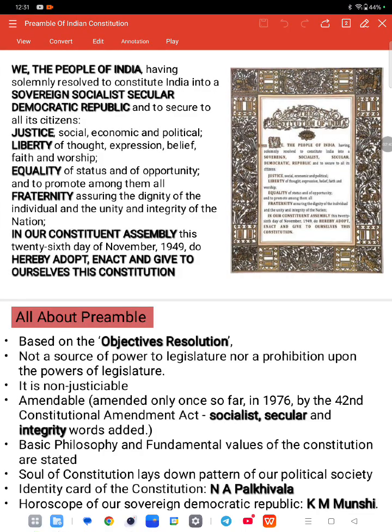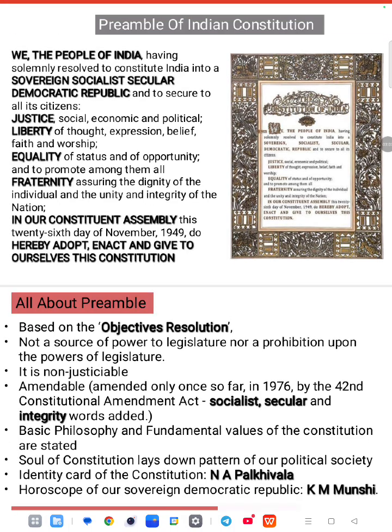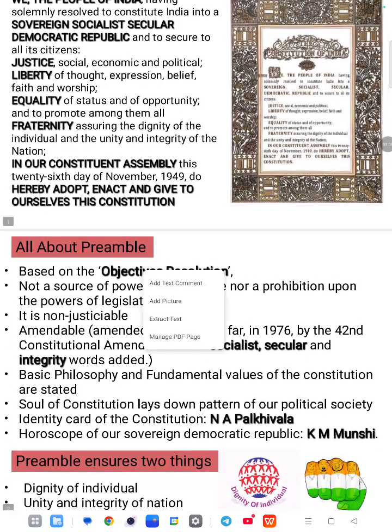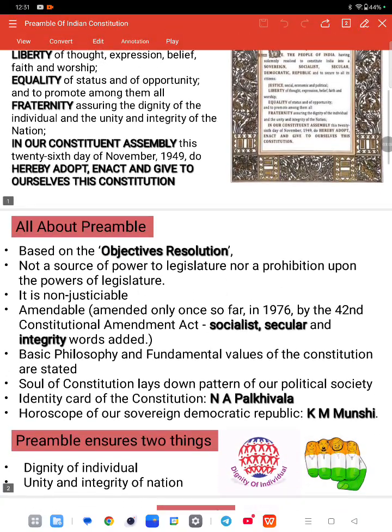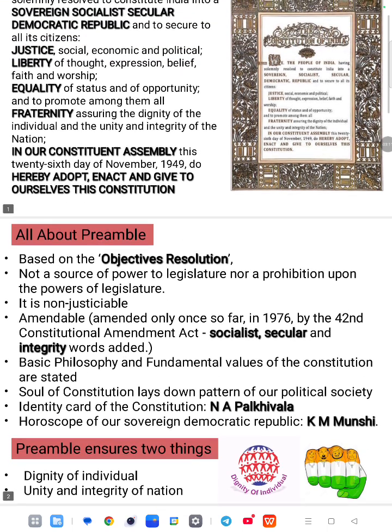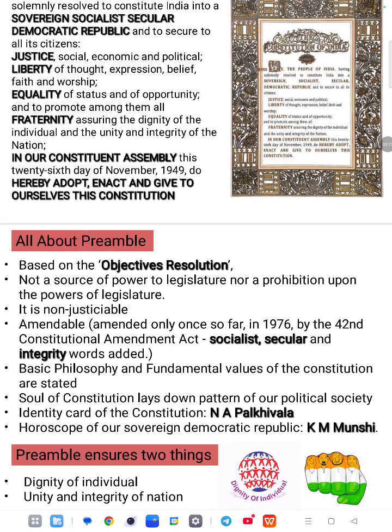Now, the preamble of the constitution. Here, in the preamble, we wrote that we, the people of India, having solemnly resolved to constitute India into a sovereign, socialist, secular, democratic republic, and to secure to all its citizens justice, social, economic, and political; liberty of thought, expression, belief, faith, and worship; equality of status and of opportunity; and to promote among all fraternity, ensuring the dignity of the individual and the unity and integrity of the nation.